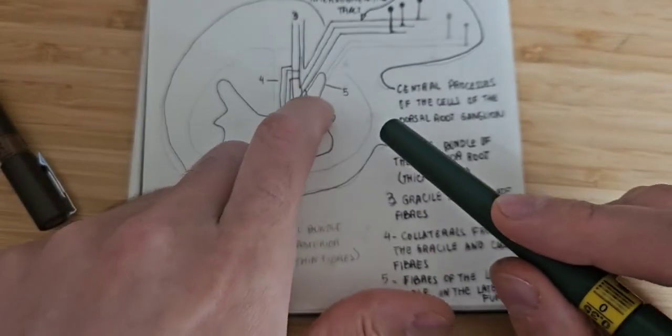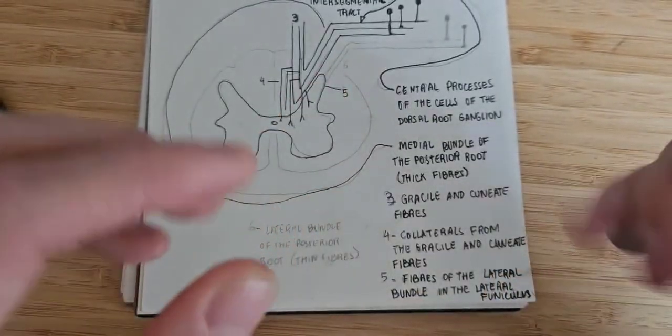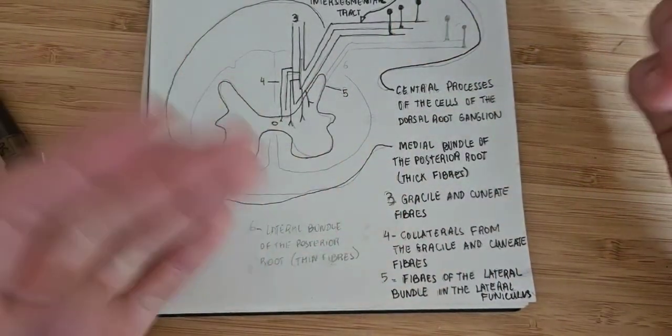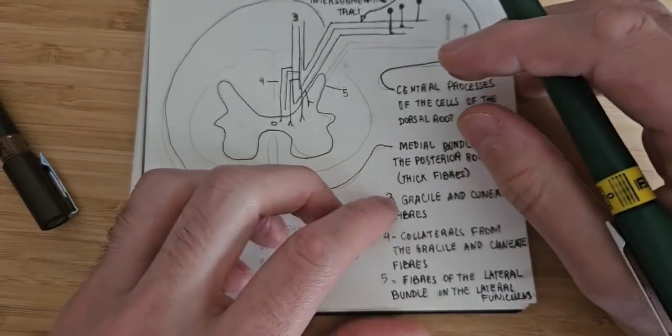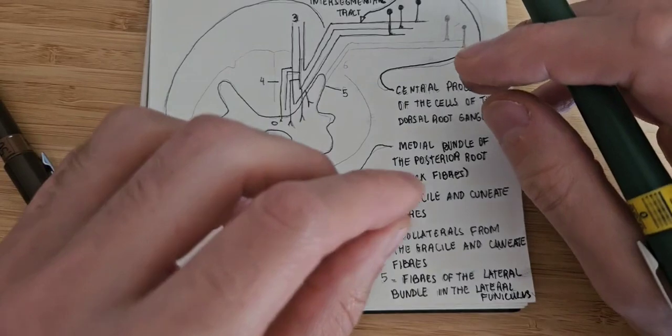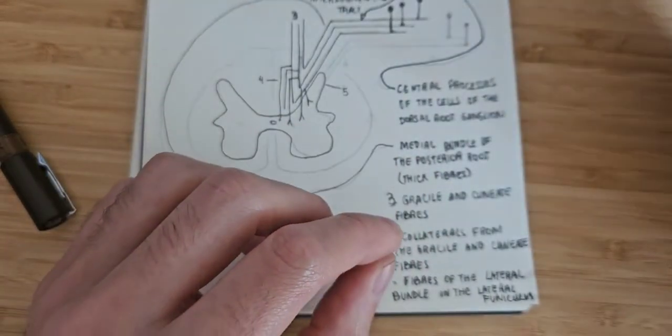And these fibers will be slower conducting, and are part of the spinothalamic tract, which is sent to the thalamus for further processing.